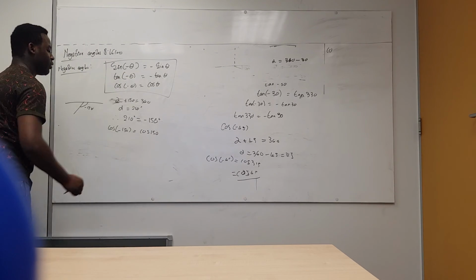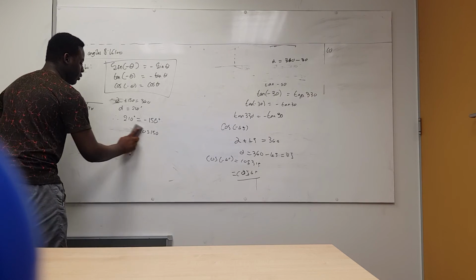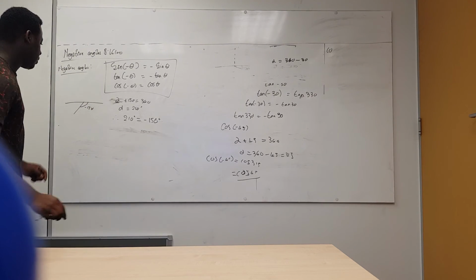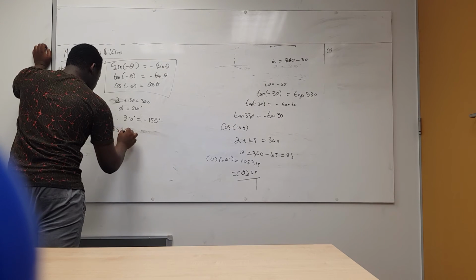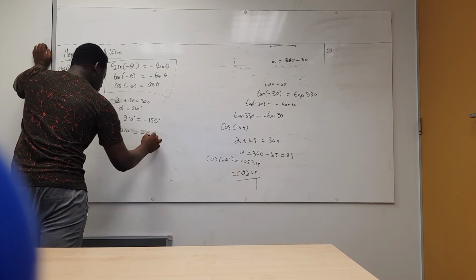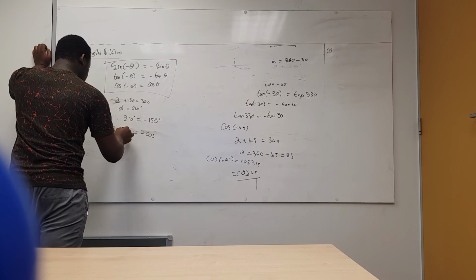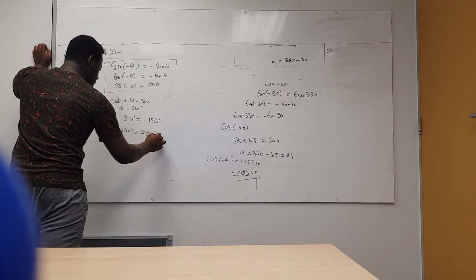We can use that, or you can just go straight. We know certain things. So cosine of 210 is equal to negative cosine of this minus 180, that's 30.